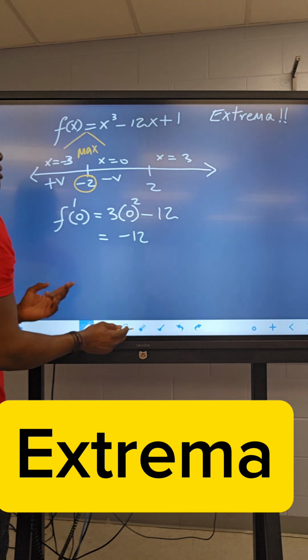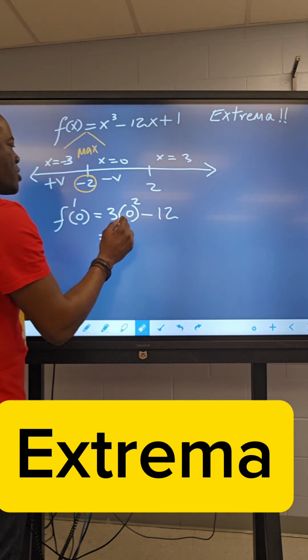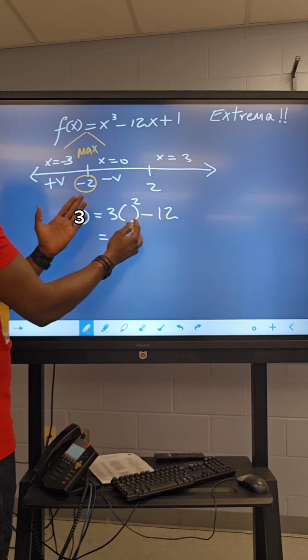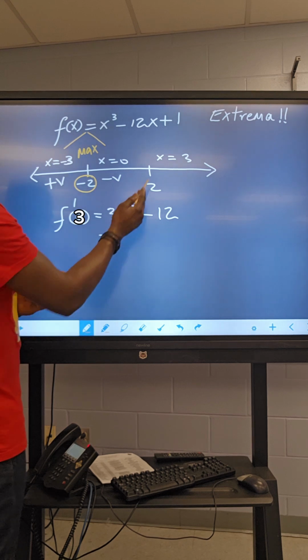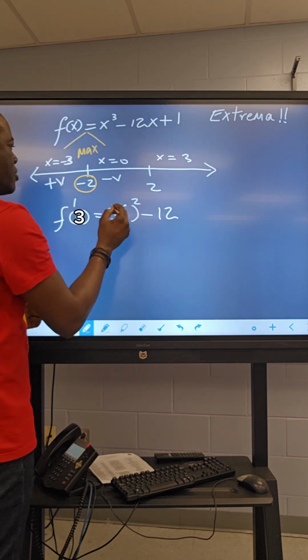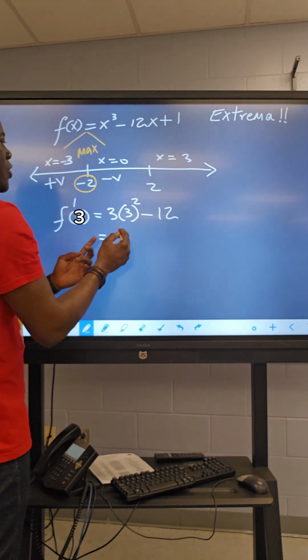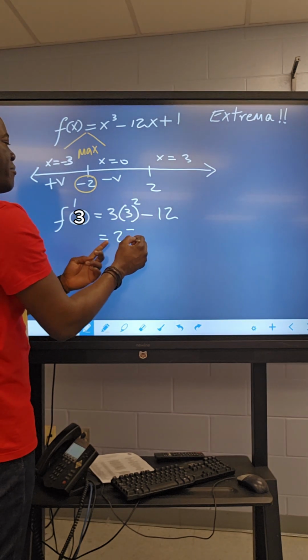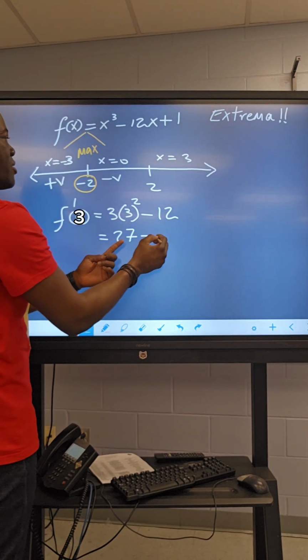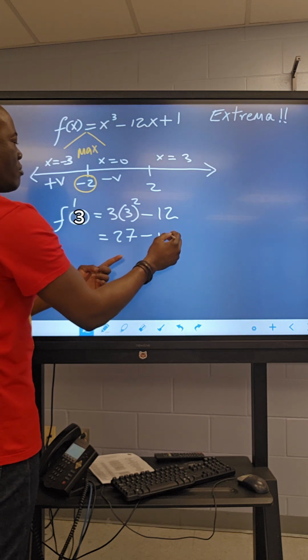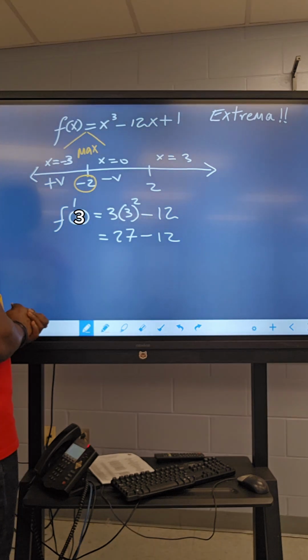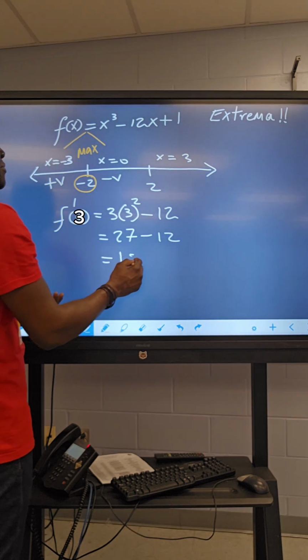Now let us test where 3 is to see what's going on. In my derivative function here, I'm going to plug in 3. This gives me 27 minus 12, and this is a positive 15.